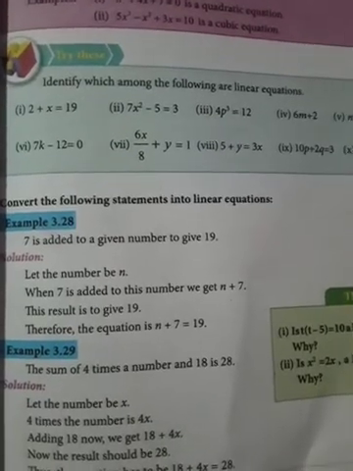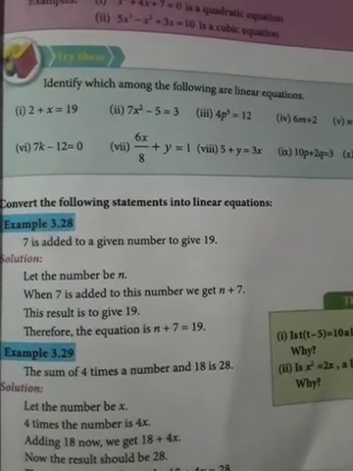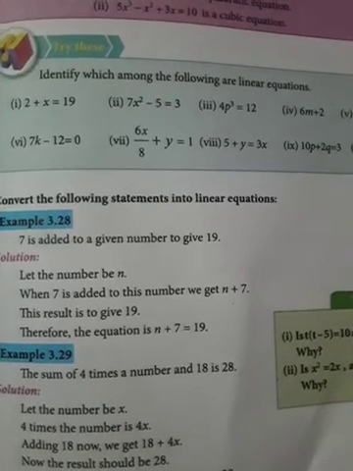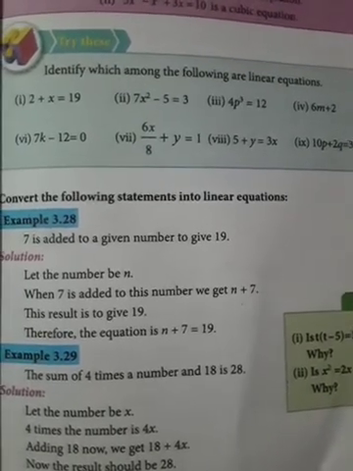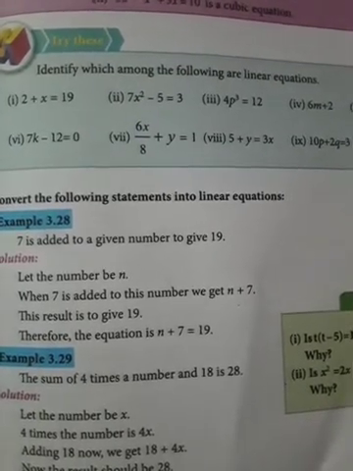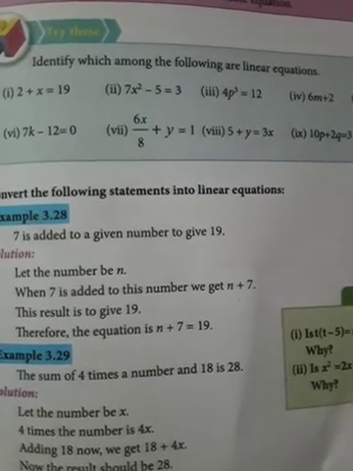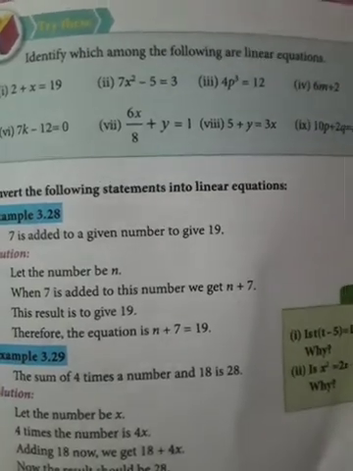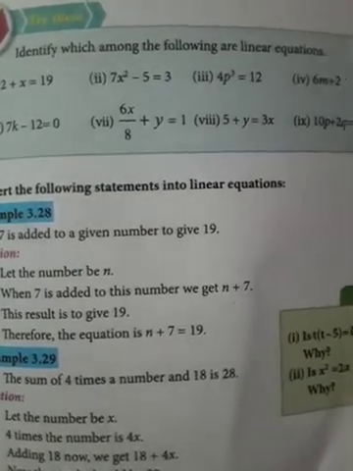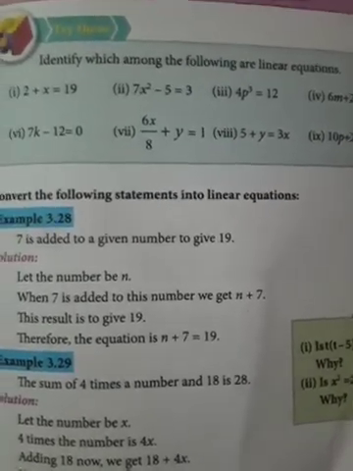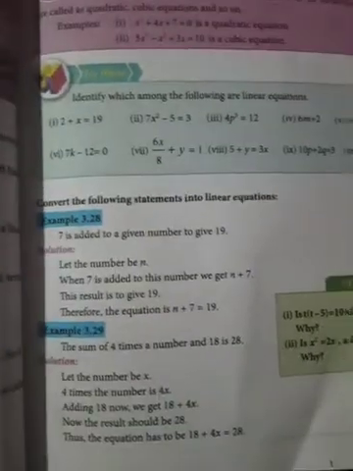No. So in maths, if any number is missing, we consider it as an alphabet, any alphabet. So that given number we consider as n. So 7 added to a given number is 7 plus n. To give is nothing but equal to 19. That's all. So easy, right?